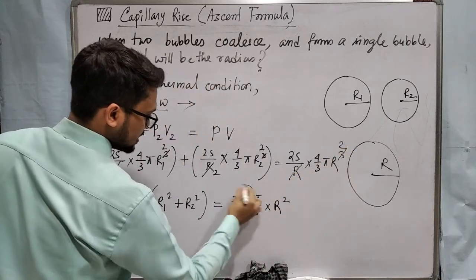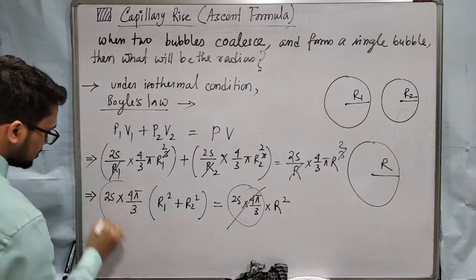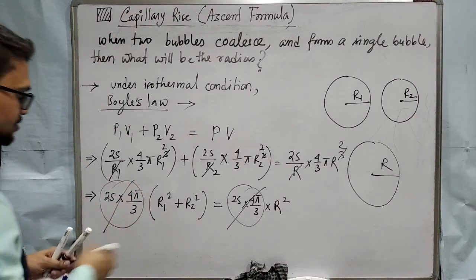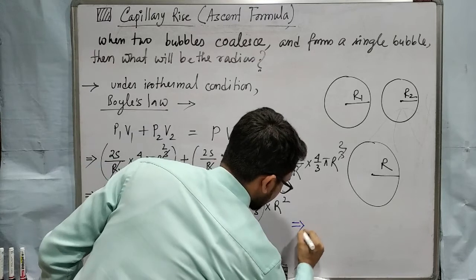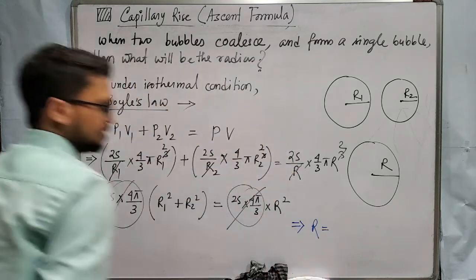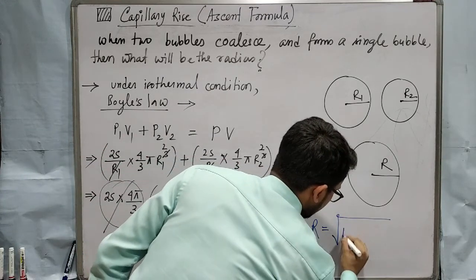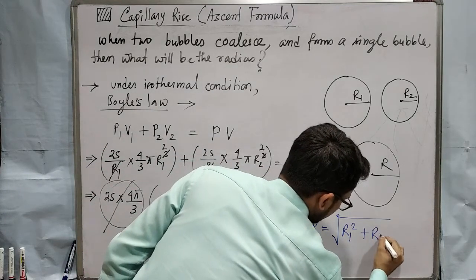Okay, so this term will be cancelled out on both the sides, so you will get basically capital R equal to, that means the radius of the bigger sphere, okay, that is basically root over r1 square plus r2 square.